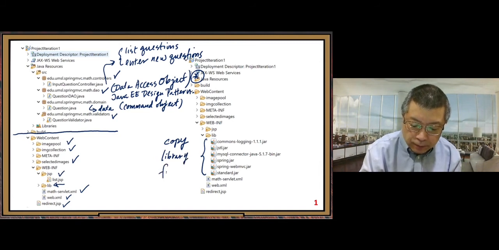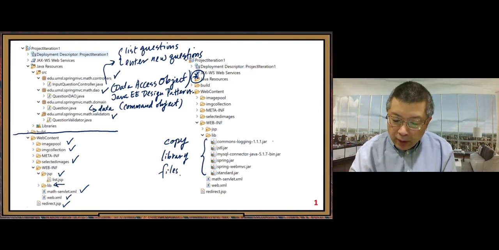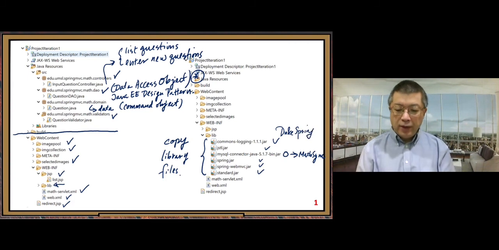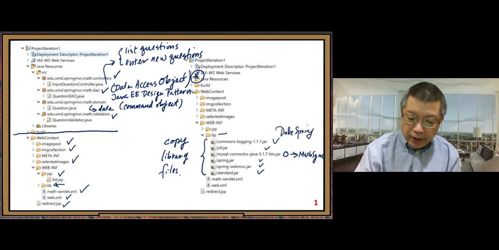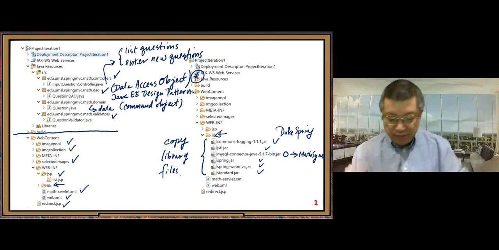This one you copy from the math sync; the remaining ones you copy from Duke Spring and put them here. Then you get this preparation done.